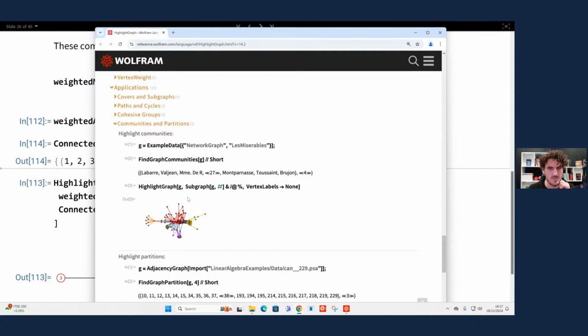Here we've specified that it should highlight the subgraphs of G that correspond to different communities, defined by these. It's a really useful bit of functionality.